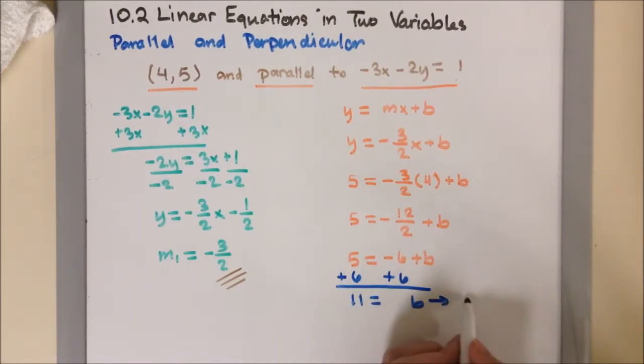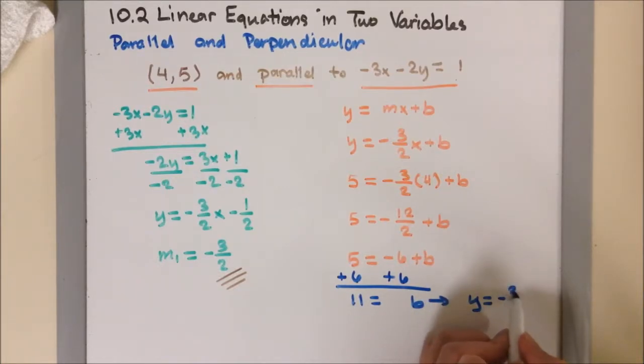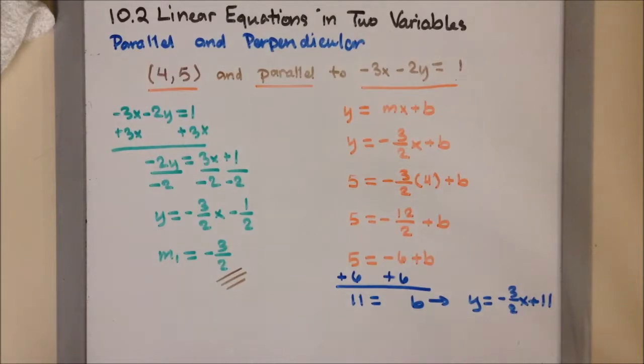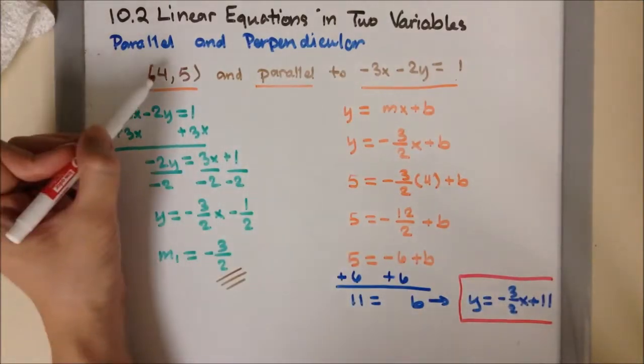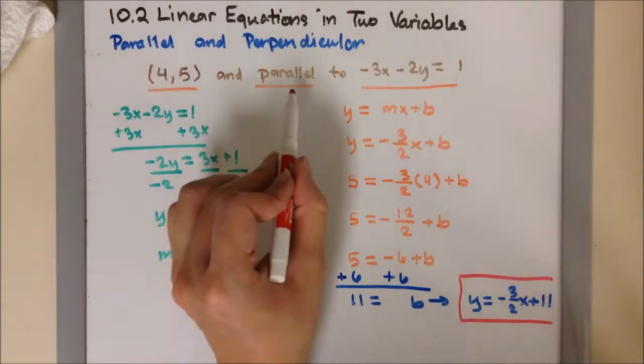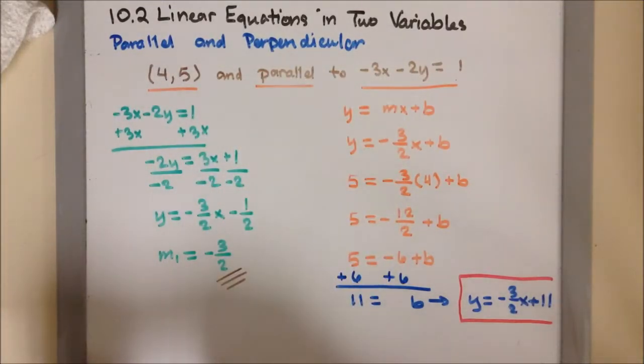Therefore, my new equation is y equals negative 3/2 x, since it's positive, plus 11. So that's going to be my new linear equation that goes through the point (4, 5) and is parallel to this linear equation.